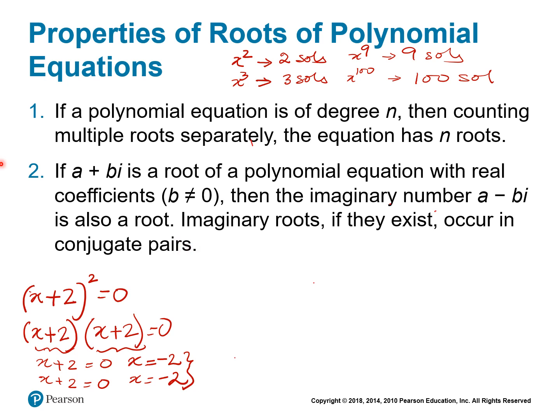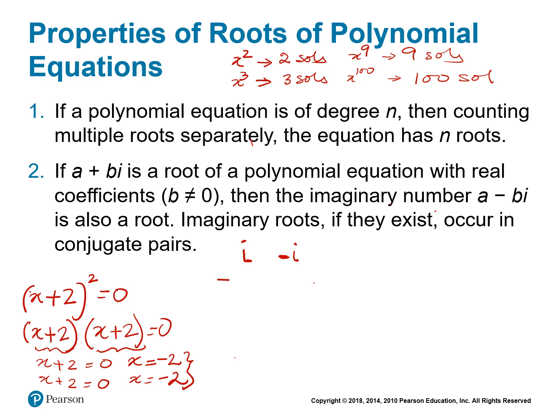Now, what this is saying is if one of the solutions of a polynomial equation happens to be an imaginary number, for example, i is an imaginary number, then by default, automatically its conjugate, which is negative i, is also going to be one of the roots, one of the solutions of that polynomial equation.